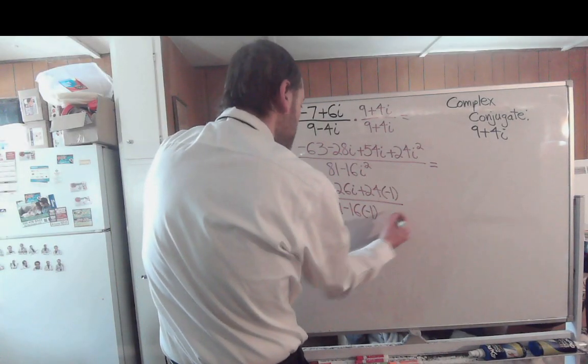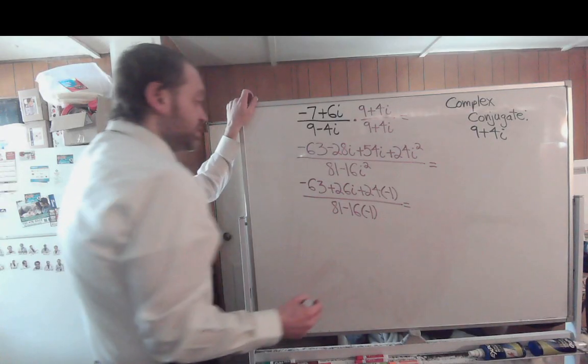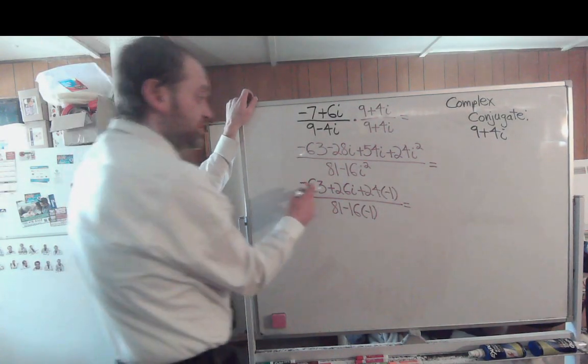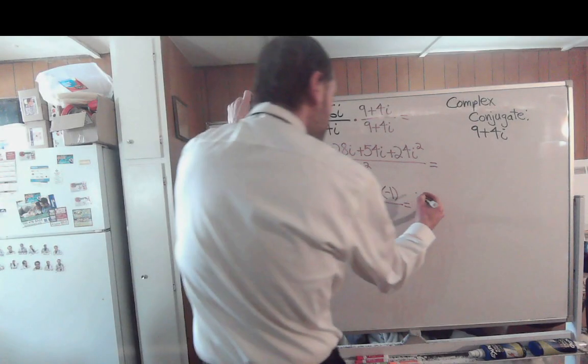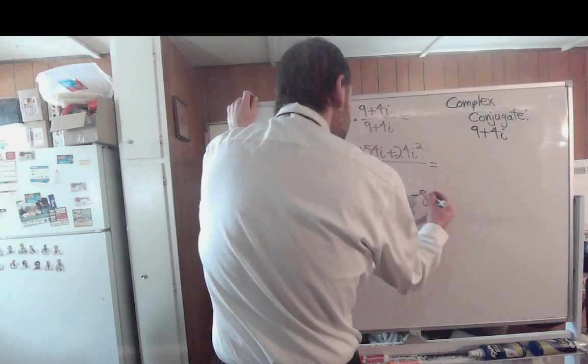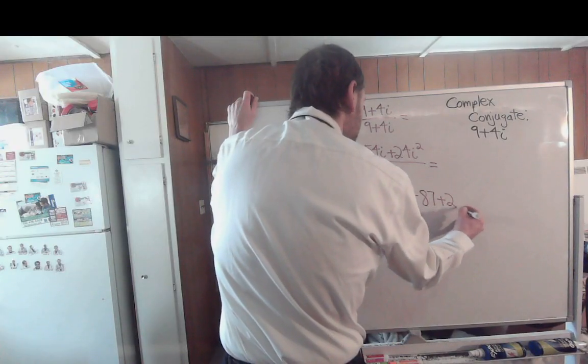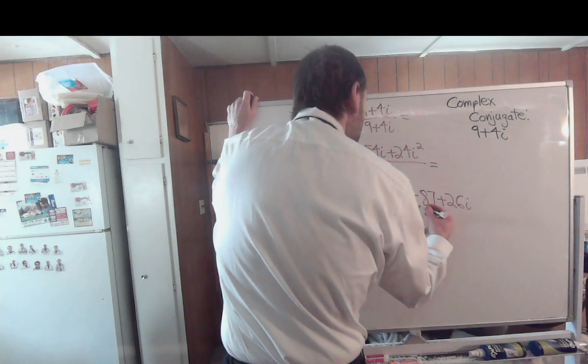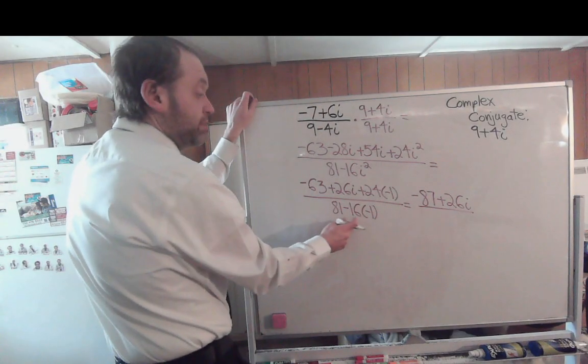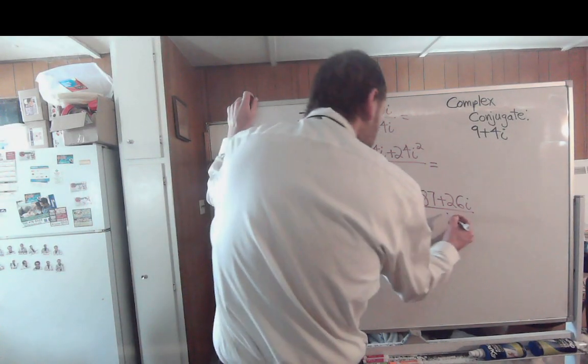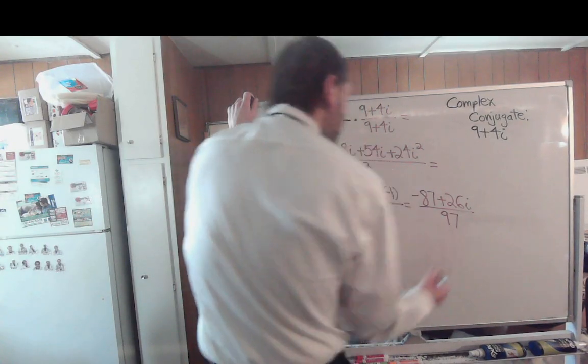That's negative 1. So that's going to turn into negative 63 minus 24. That would be negative 87 plus 26i, all over 81 plus 16. That's going to be 97.